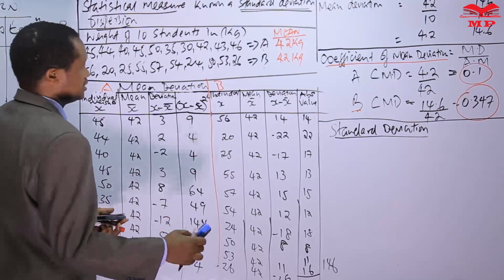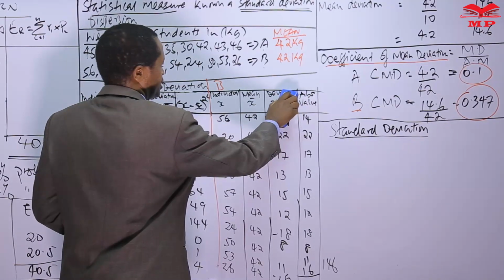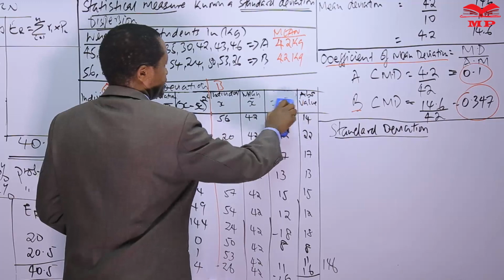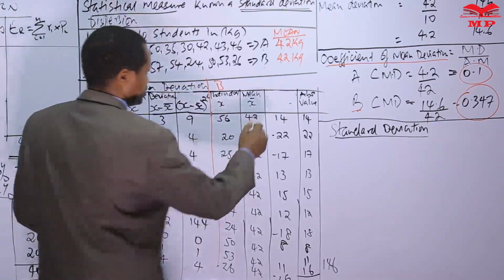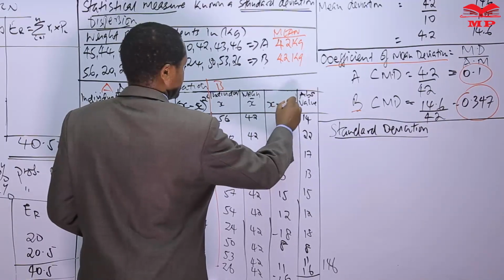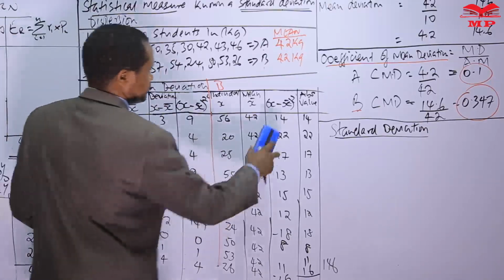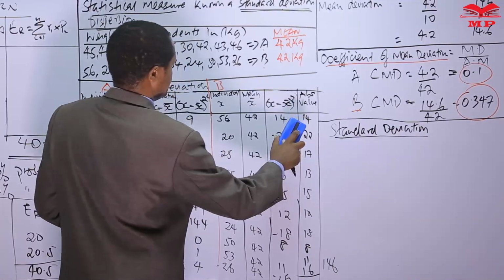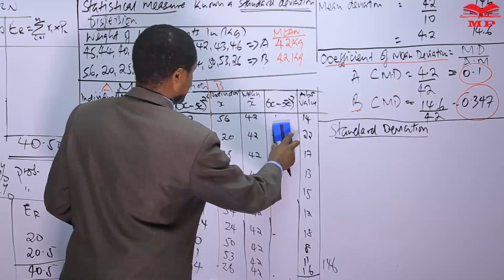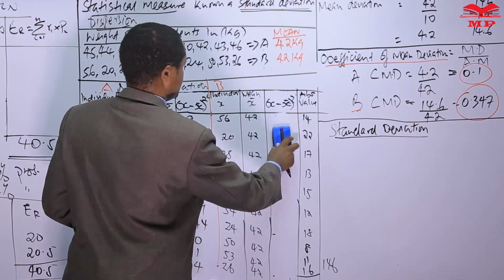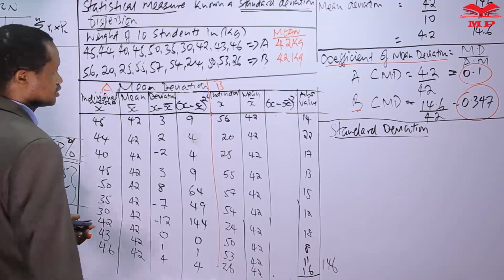In like manner, for class B, the deviations are to be squared. We have x minus x bar squared.